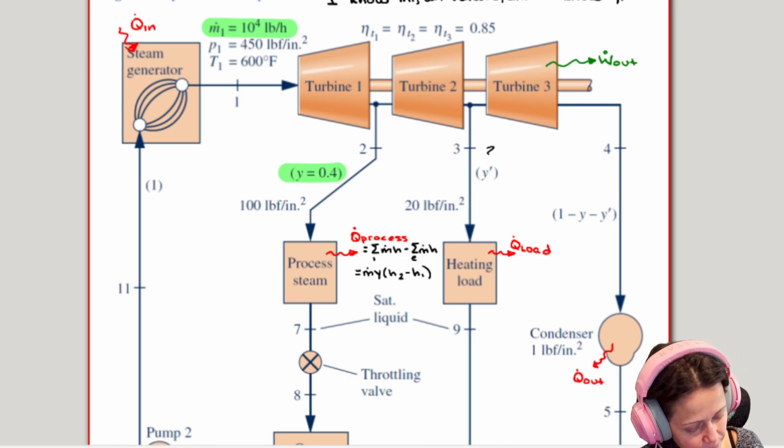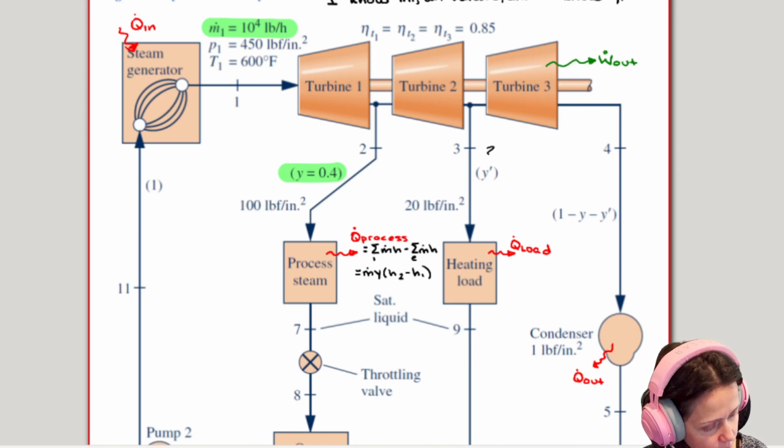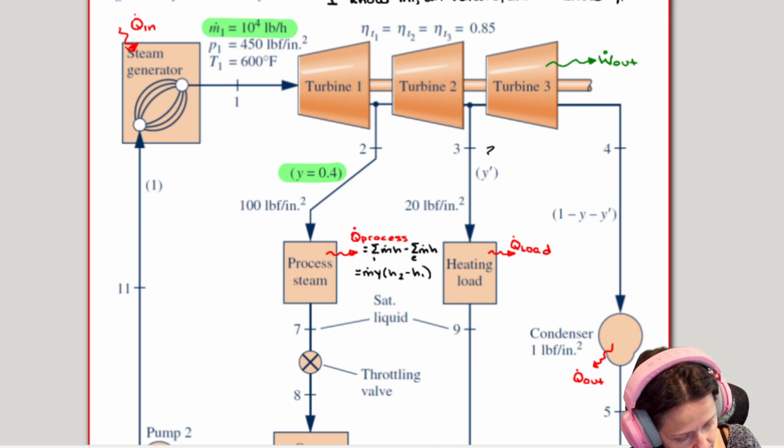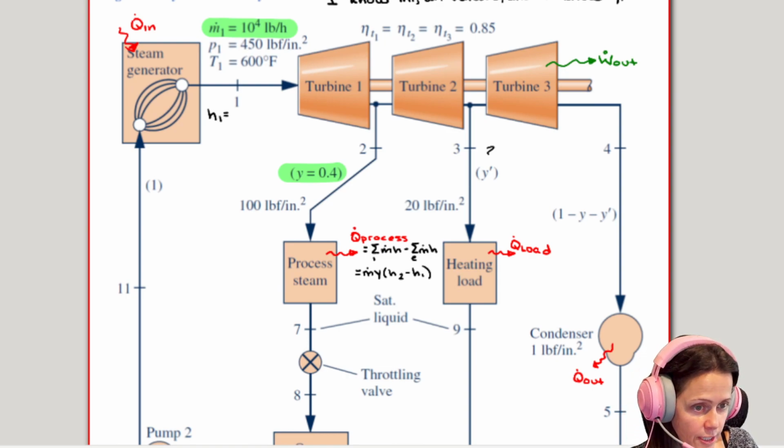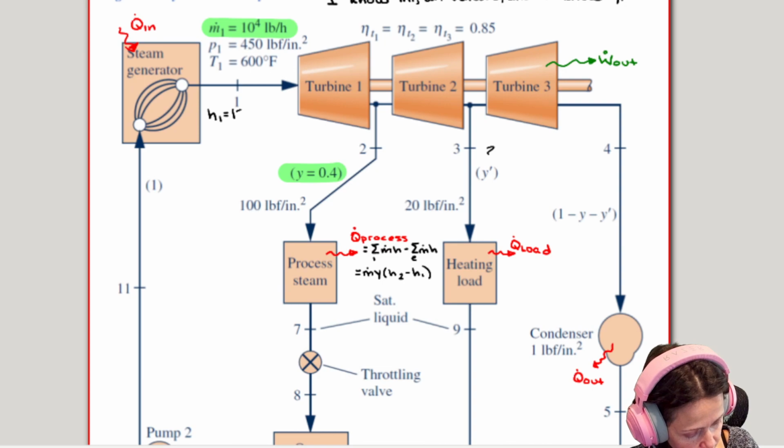So let's see. I'll highlight it too. So h1 is 1302.5 per pound mass.